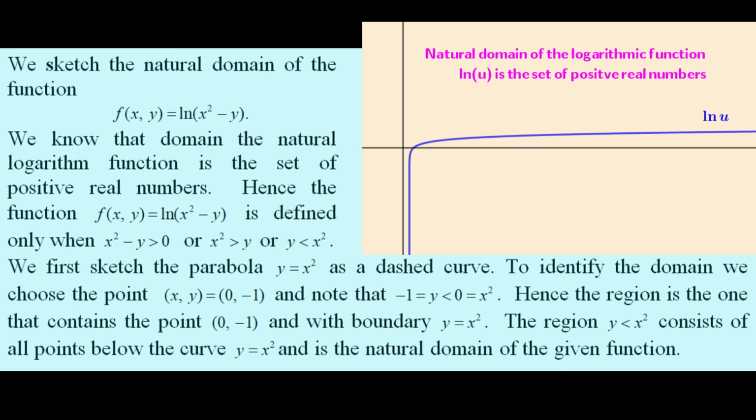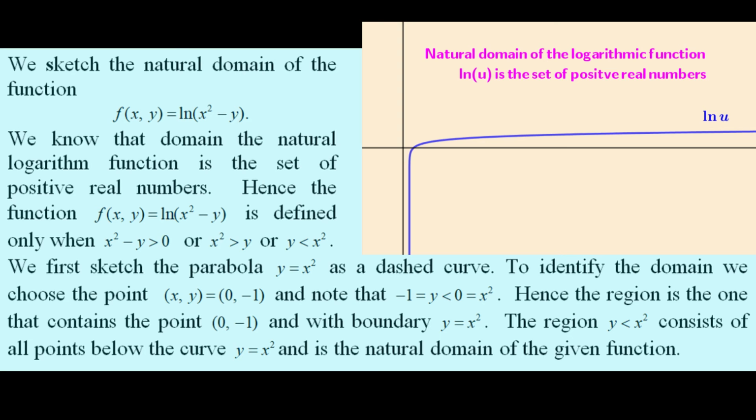As another example, we sketch the natural domain of the function f of xy is equal to the natural logarithm of x square minus y. We know that the domain of the natural logarithm function is the set of positive real numbers.